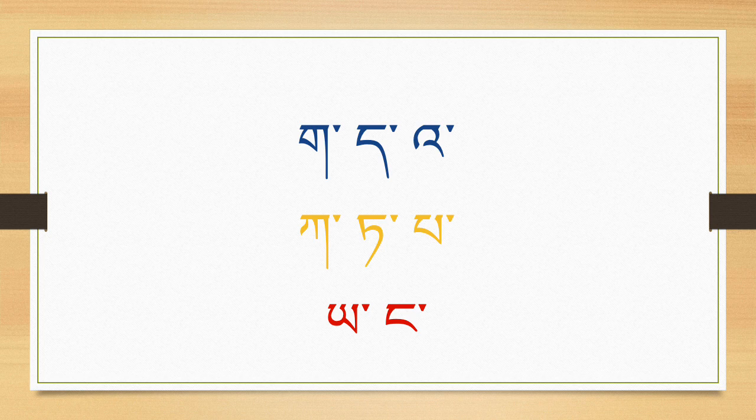As you can, I think, probably already see, the 2 yellow letters in the middle here, they look quite a lot like their peer above them.